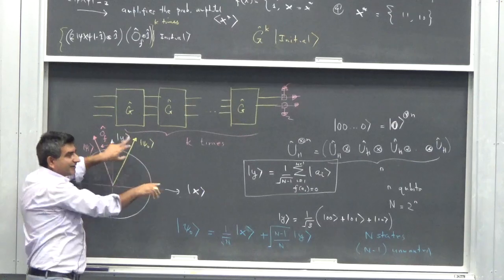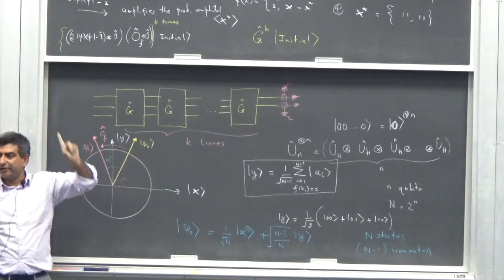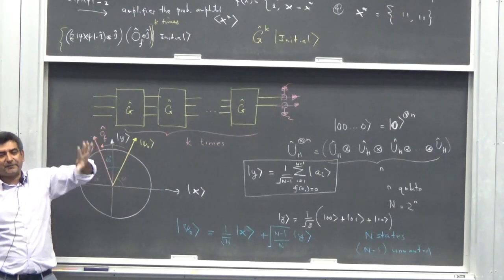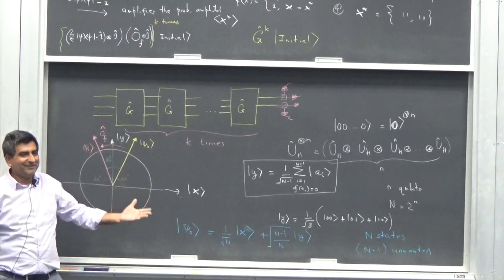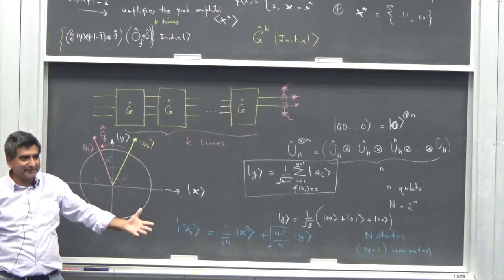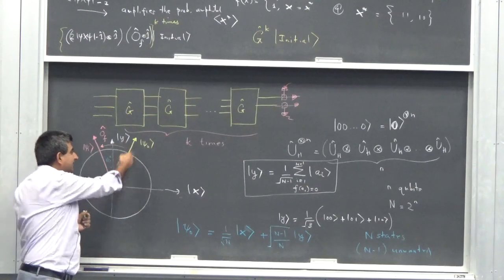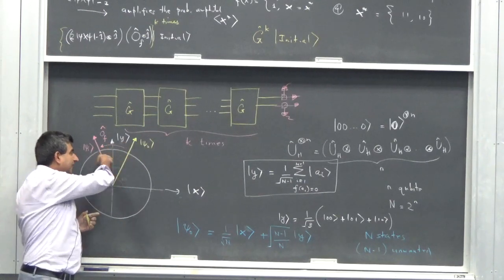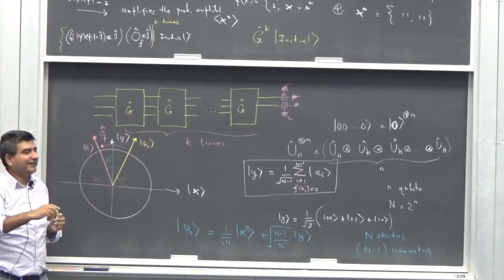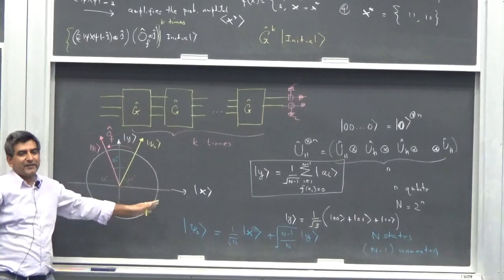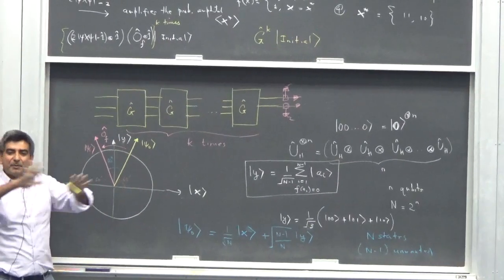So these two vectors will span the entire basis. Any vector that we draw on this picture has to be written in a particular basis. And if I write two vectors in such a fashion that they are perpendicular to one another, then the two orthogonal vectors which are linearly independent will form a basis.